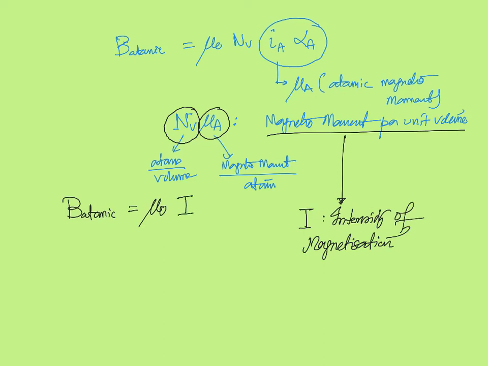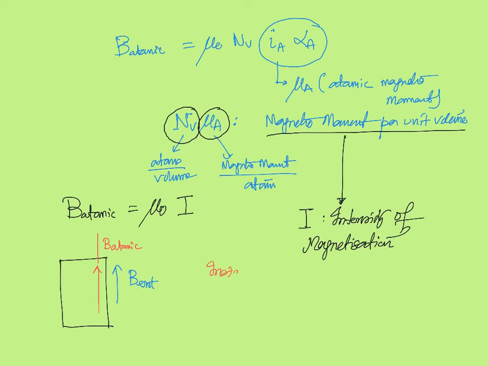Now let's go inside this bar magnet. So the field inside the bar magnet was induced by B external. After being induced by B external, you have a field inside, that is B atomic.